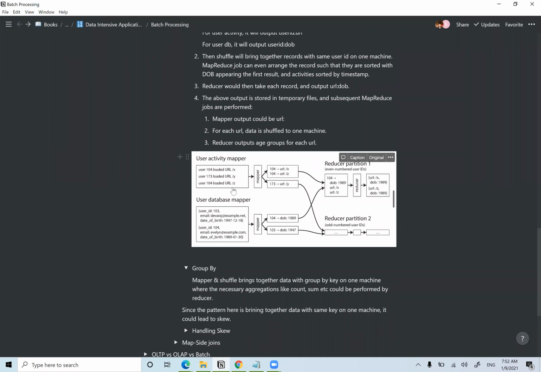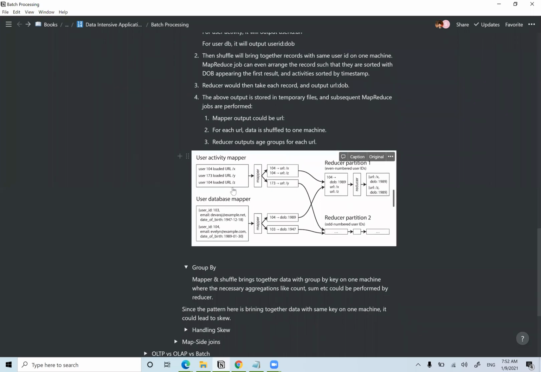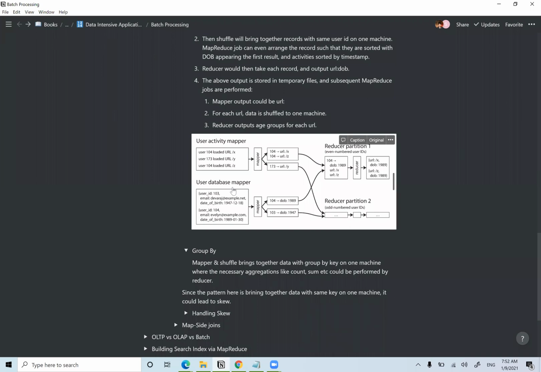We have those logs, and then we want to group by user and do an aggregation on count, to get how many pages a user has visited in a day. So those group by kind of queries that we do in databases, how will we do them in batch processing?